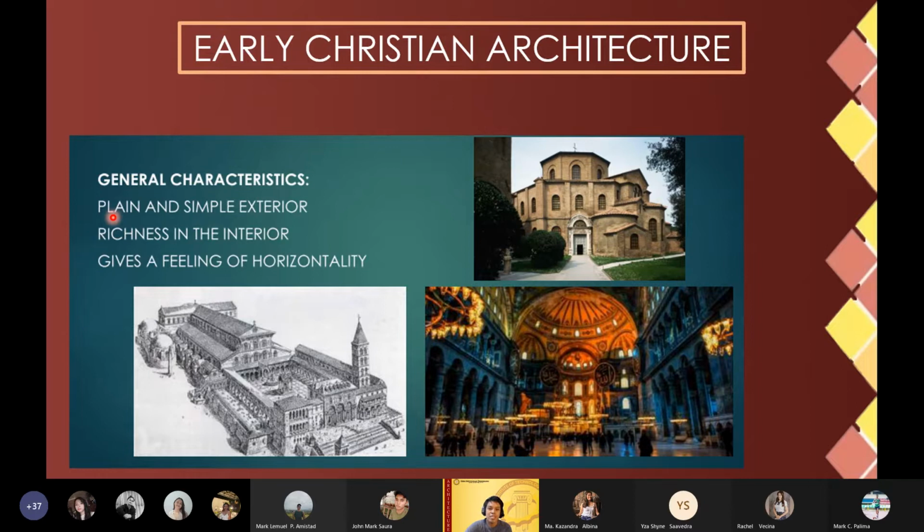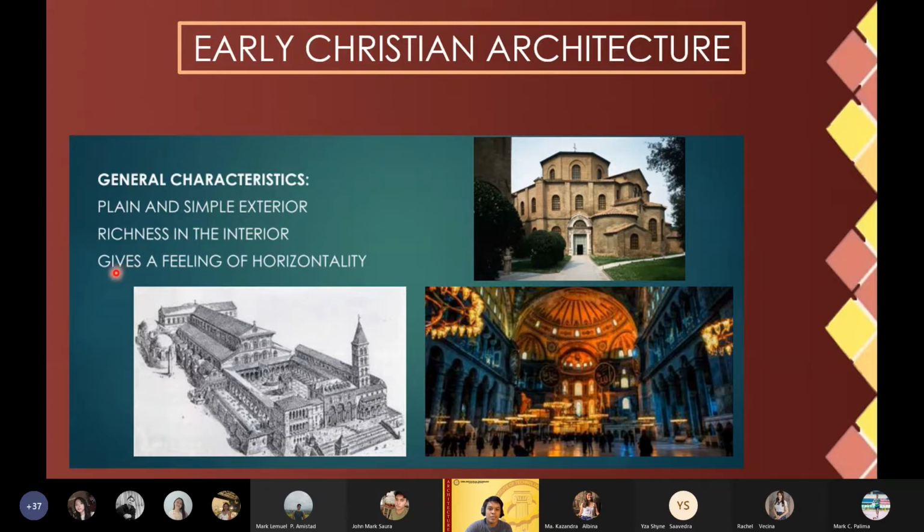So with that plain and simple exterior, ilang gibawi na sa ilahang interior. So rich ang ilahang interior nga design, ilahang interior materials used is very rich. Later on, we'll have some examples.